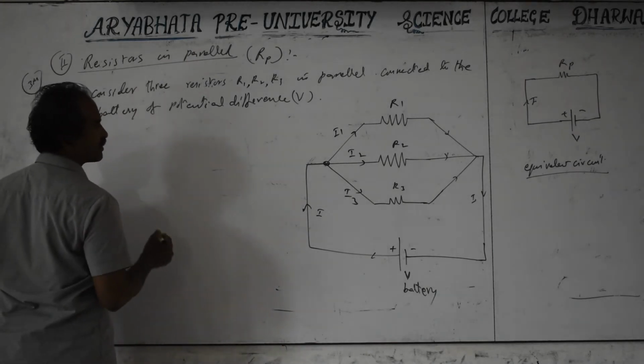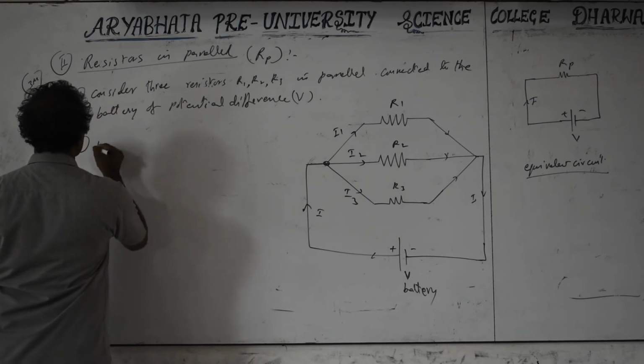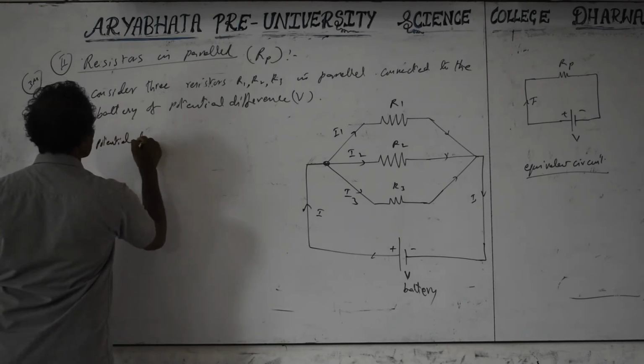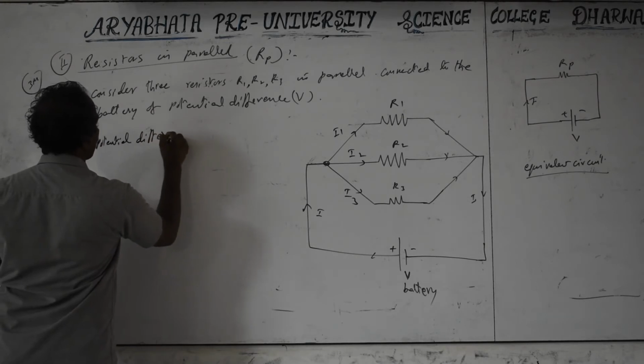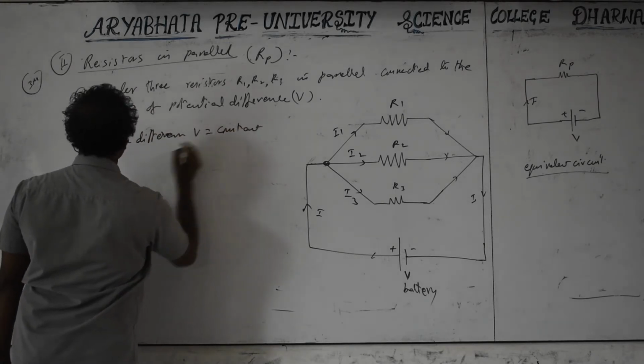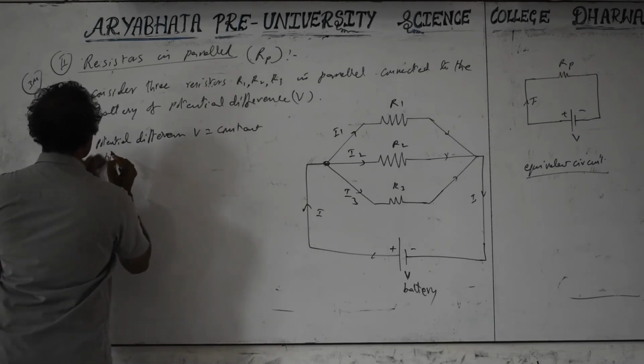What is common for the combination is potential difference. V is constant or the same for resistors in parallel.